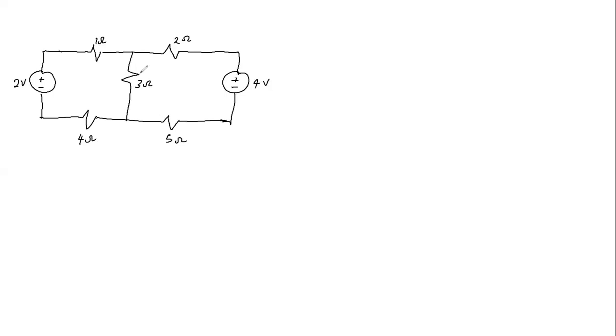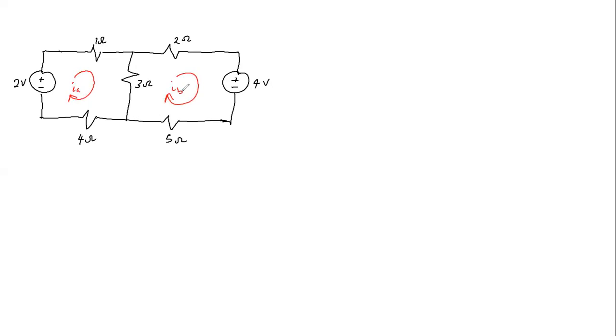Perfect. So the first thing we want to look into here is to specify currents flowing in the meshes, okay? We have two meshes here, which is a loop not containing any other loop. Let's say this is IA, it could be I1, I2. This is another mesh. Let's say this is IB, okay?